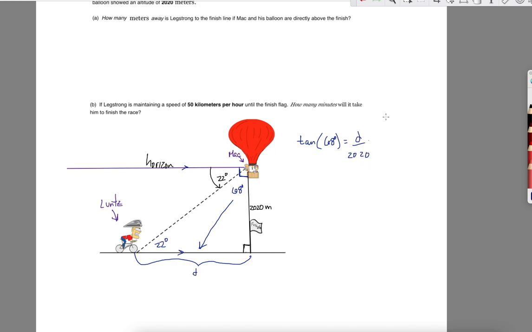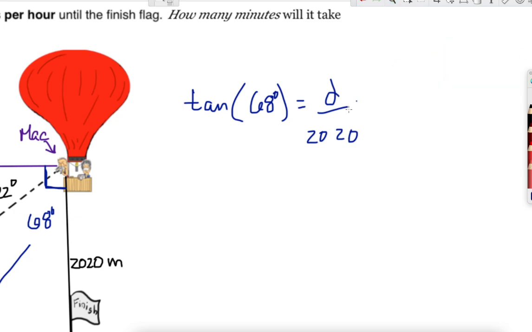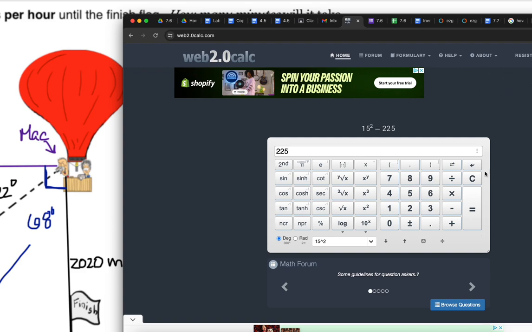So we have to multiply 2020 to both sides. And we go to a calculator. Ooh, 5,000.